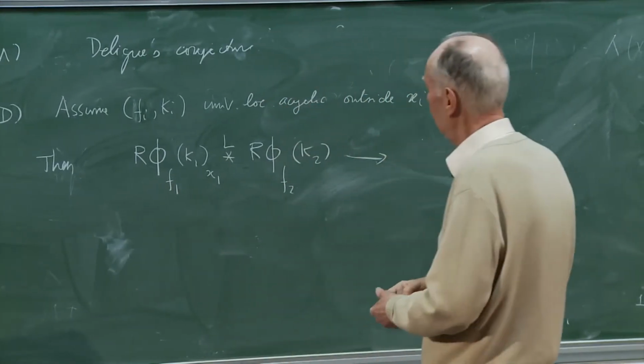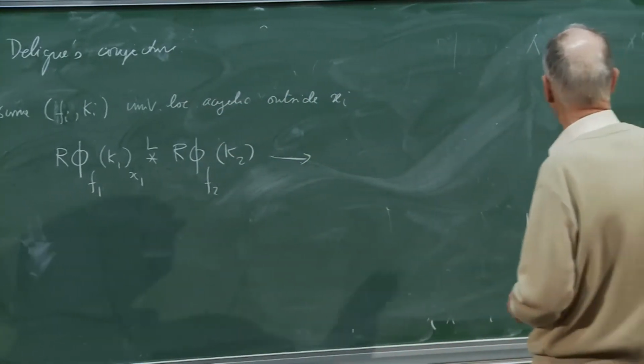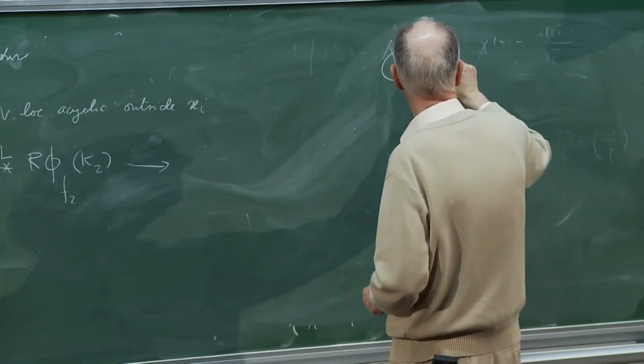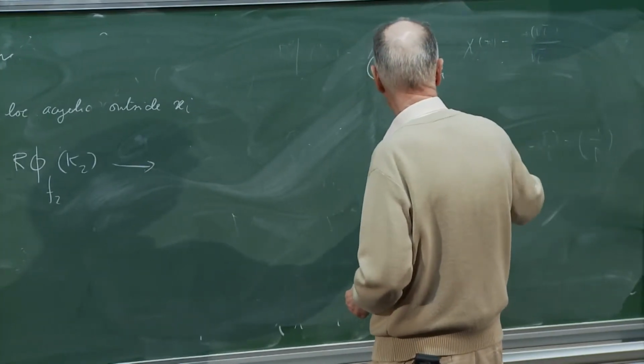So pushing down by the sum map, you have here this A2H over AH.